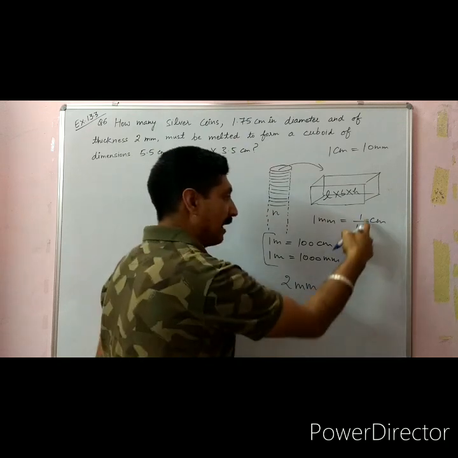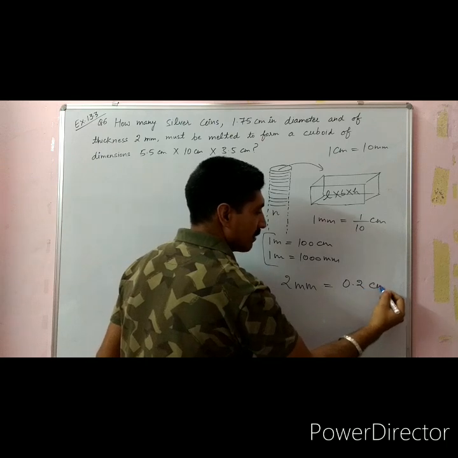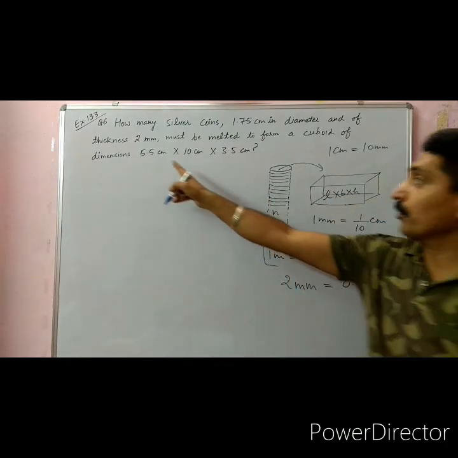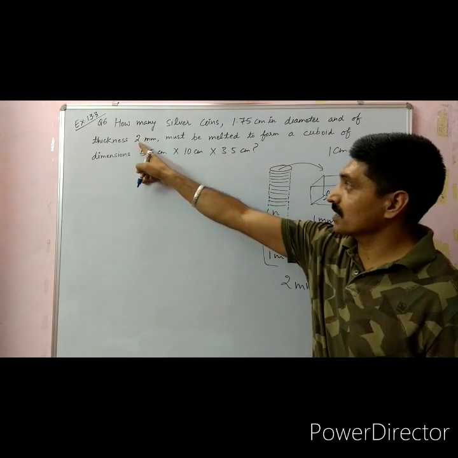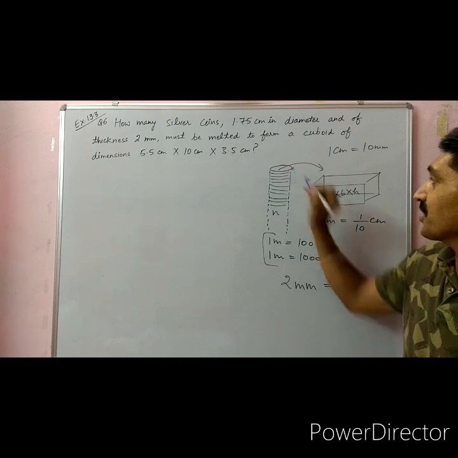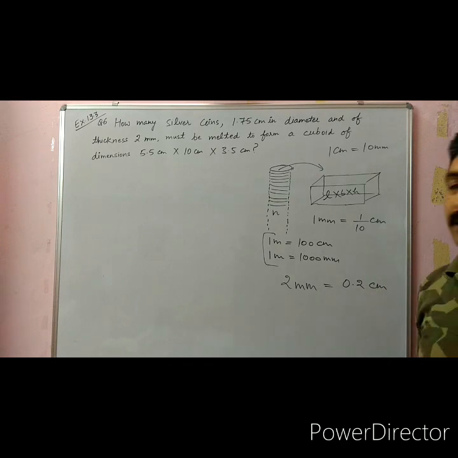We will multiply with 1/10th. So here we have 0.2 centimeter. So this is important, that we have to change this thickness, which is h here. So in centimeter, 2 mm is 0.2 centimeter.